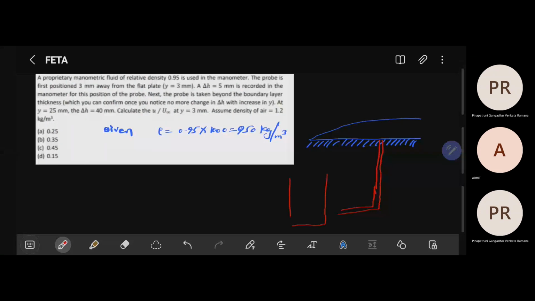It is not the correct representation of a U-tube manometer. So this is your static port. Just assume the lines as your static and stagnation.